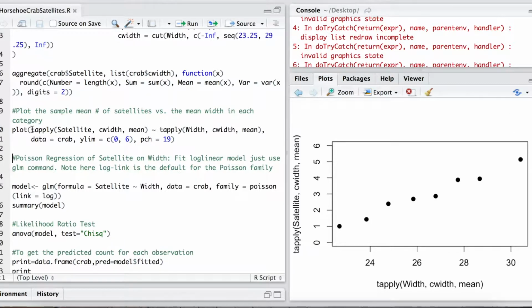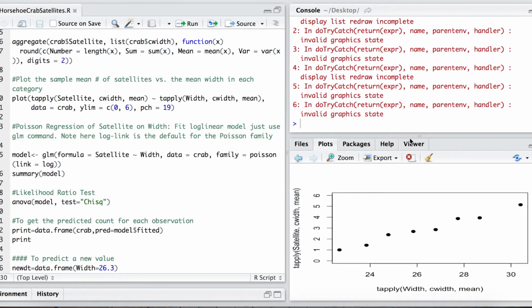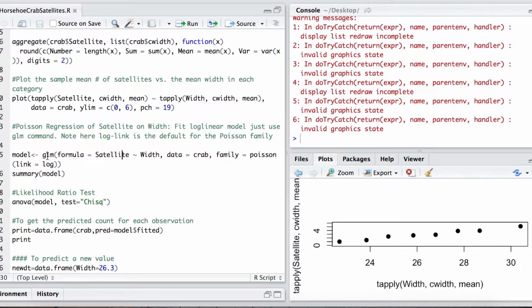And here I use the tapply function, which applies a function, in this case the mean and variance functions, to a variable, the number of satellites, after grouping the width of female crabs. And the next thing I'm going to do is use the GLM function to do the Poisson regression.